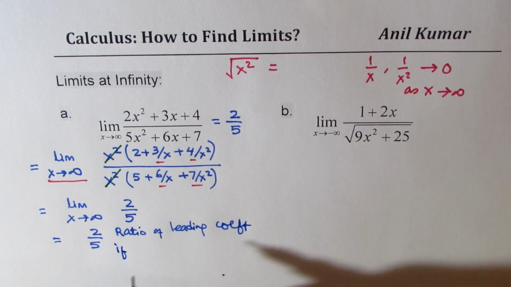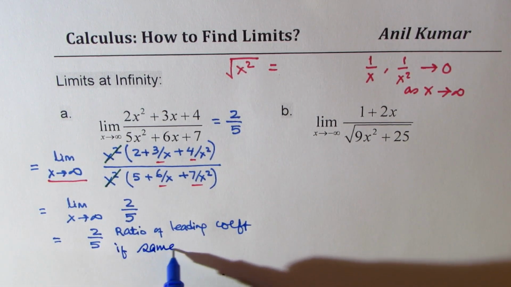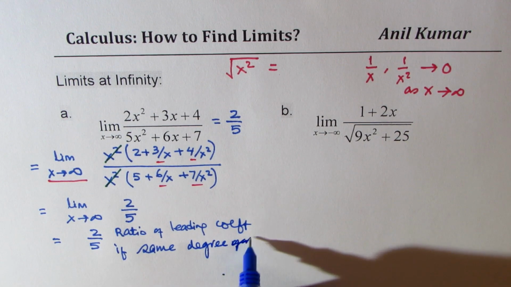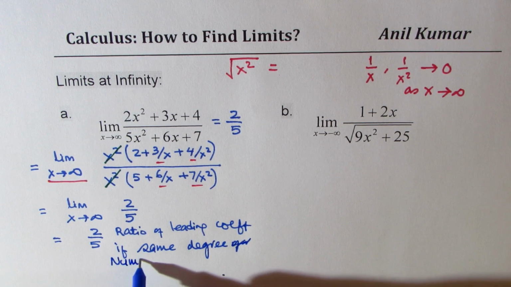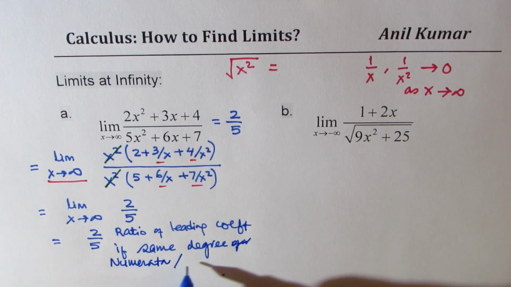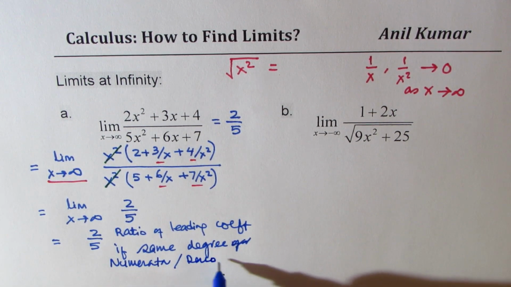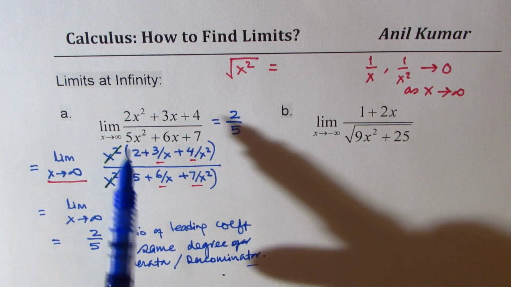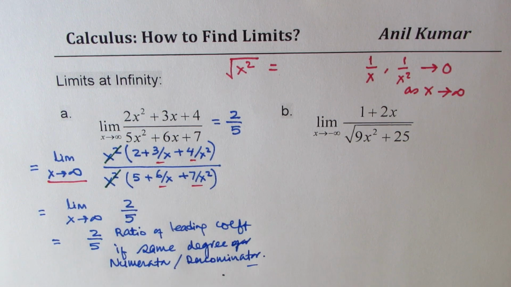If same degree for numerator and denominator. So whenever the degrees are same, you get this. And we have also learned a concept of horizontal asymptotes, right?